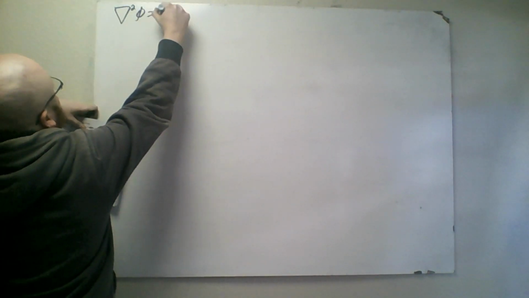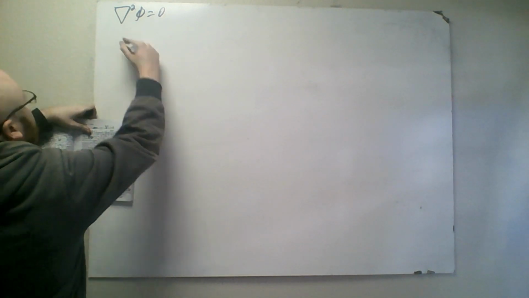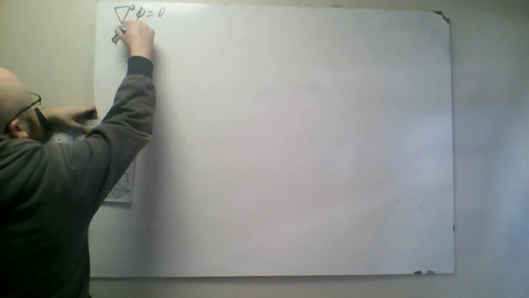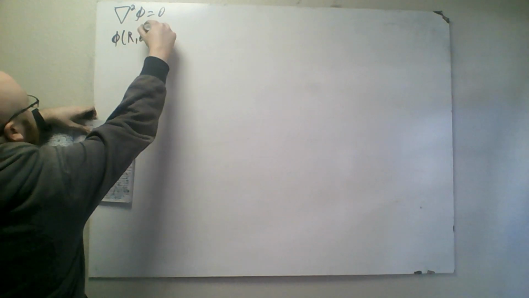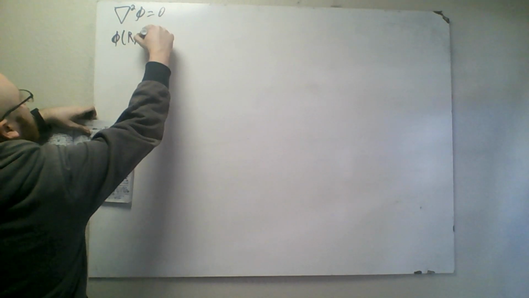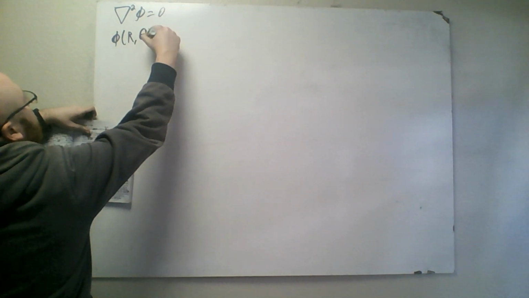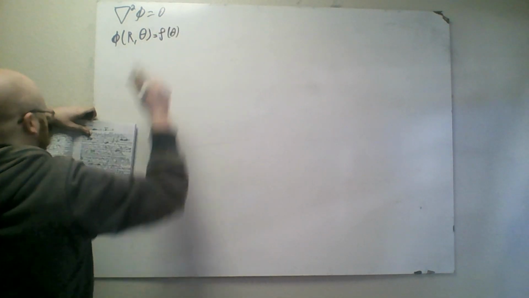Okay, sorry. I just need to get my bearings. So real quick, we are going to solve this differential equation: del squared phi equals 0 in spherical coordinates, where phi is the potential, and our boundary conditions of potential are phi at r equals the radius is some f of theta.